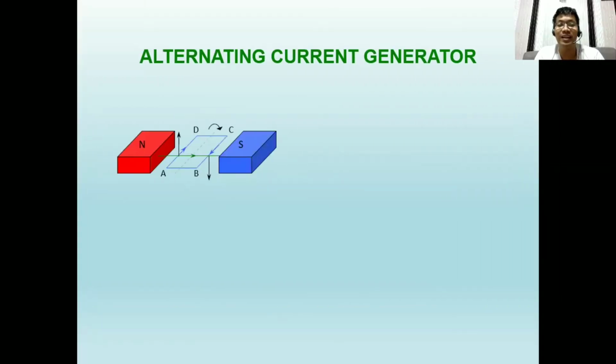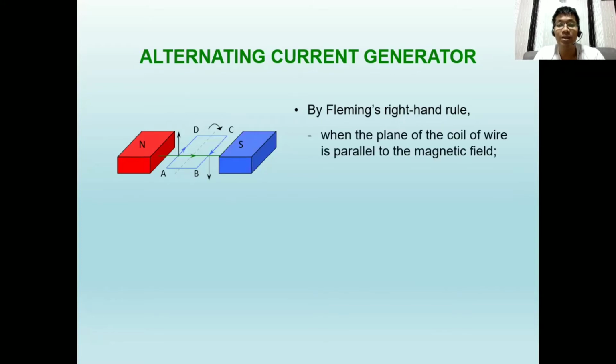Here's our setup. We have to use Fleming's right-hand rule to analyze this diagram or the setup. You have to take note that the plane of the coil of wire is parallel to the magnetic field. At pag ganito ang posisyon ng ating coil, mas mataas yung current na napoproduce niya.